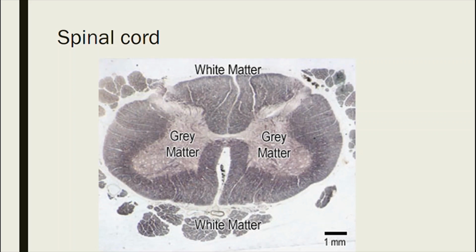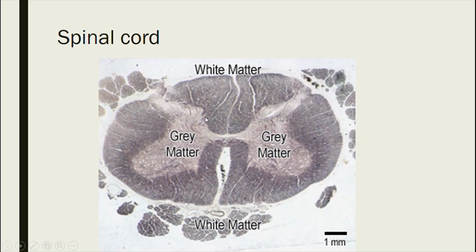This is the spinal cord. The spinal cord can be seen in a section. It can be seen as a combination of white and grey matter. In the spinal cord, the grey matter is present inside and the white matter is present outside.